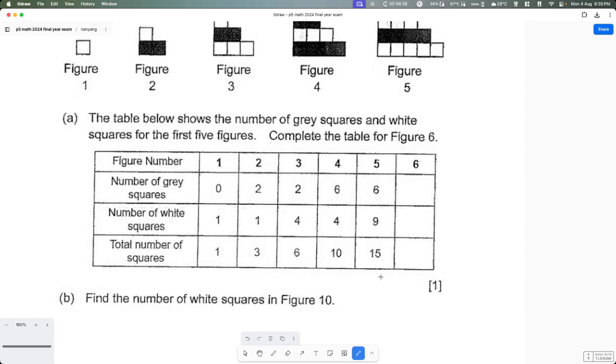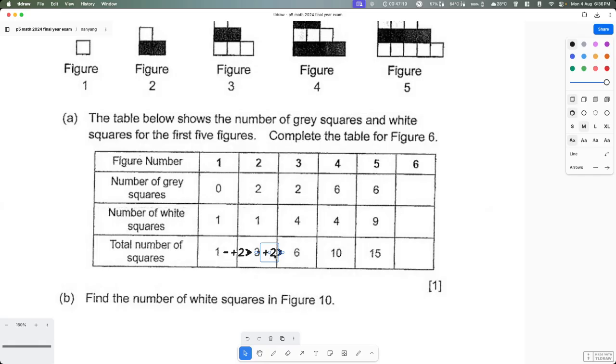All right, so from here, let's do the bottom one. Okay, so from 1 to 3, this is just plus 2, right? Then from 3 to 6, this is plus 3. Maybe I'll just do it like this, easier to see.